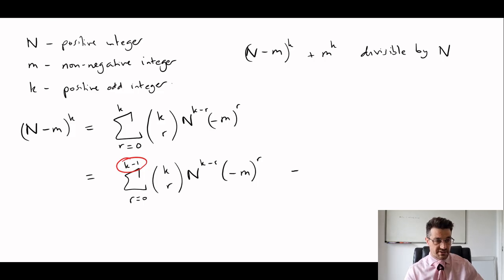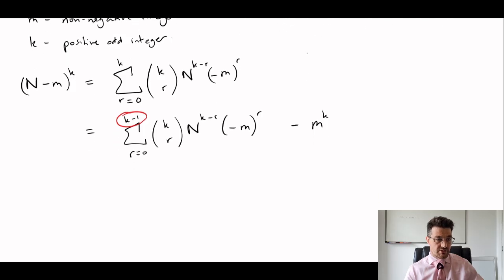So please do not think that there is general equality between these two expressions. (−m)^k and −m^k are in general not equal, but they are equal provided that k is a positive odd integer. And it's that fact that I'm using.